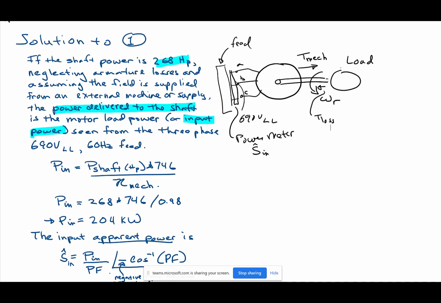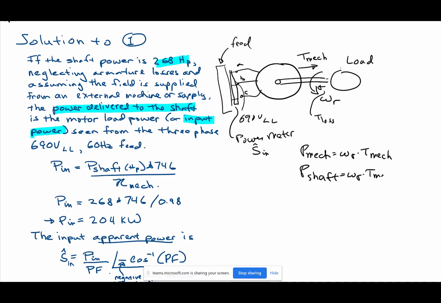Now, we also told you that there's a mechanical power that would be equal to the product of the speed times the torque, the T mechanical. There's a shaft power. That's the speed times the torque of the shaft.